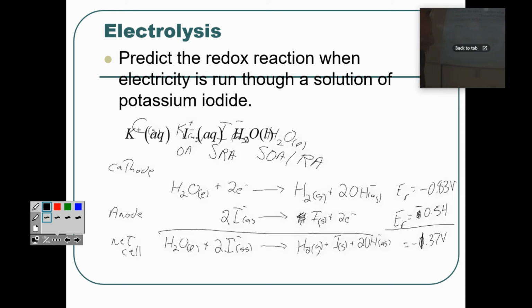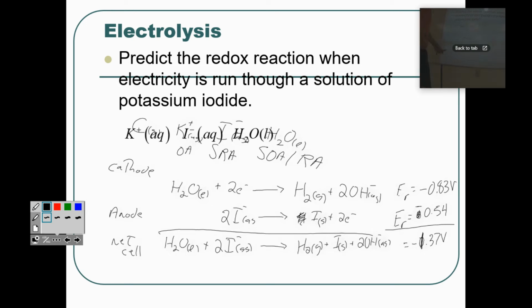And what do you think that negative 1.37 volts means? That's energy. Okay, so what does that mean? It's not so much the energy, but per charge, I need to apply 1.37 joules of energy for every coulomb of charge.